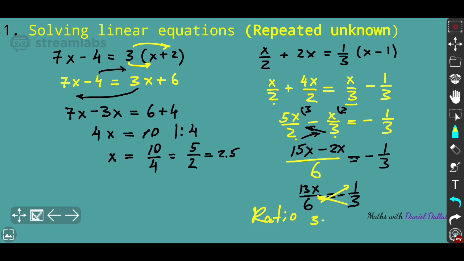So it means that you'll have 3 times 13x equal to negative 6, because it's going to be 6 by negative 1. Okay, so right now you'll get 13x equals negative 6. That's how it will work.